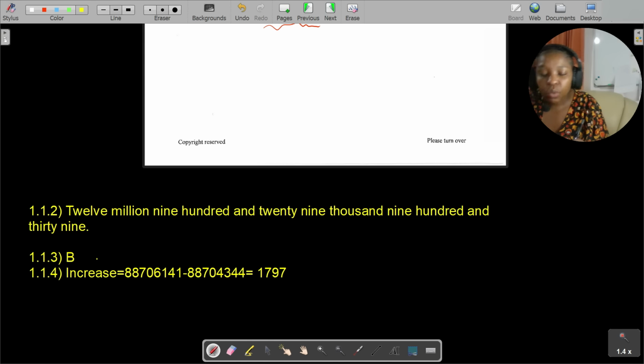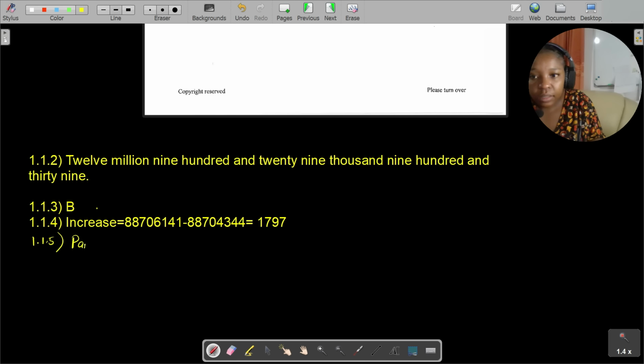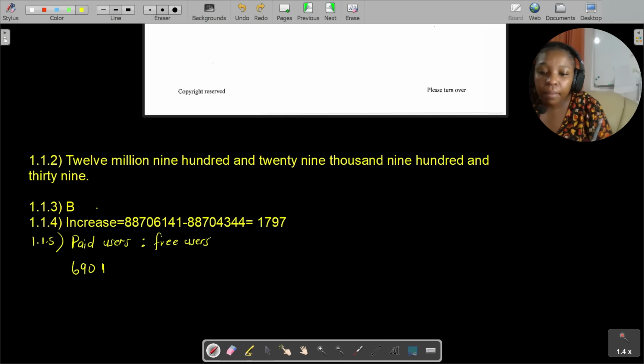Okay, so for question 1.1.5, the ratio of the paid users to, which means colon, free users. Okay, so what's the paid users? The paid users, if you go up there, it's 690,160.